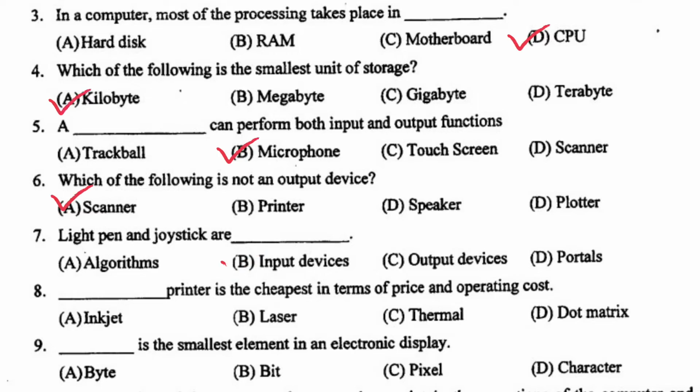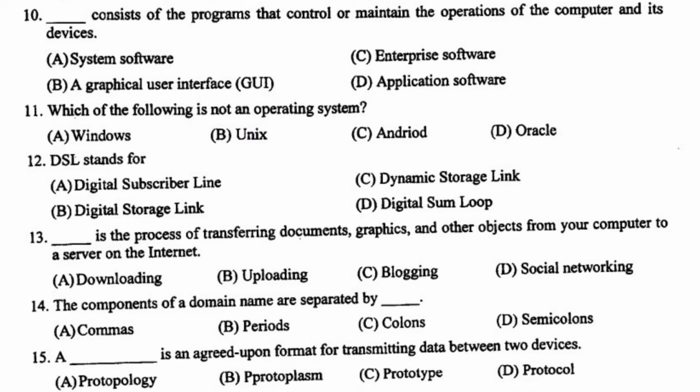Dash printer is the cheapest in terms of price and operating cost: dot matrix printer. Dash is the smallest element in an electrical display: pixel. Dash consists of the programs that control or maintain the operation of the computer and its devices: system software.